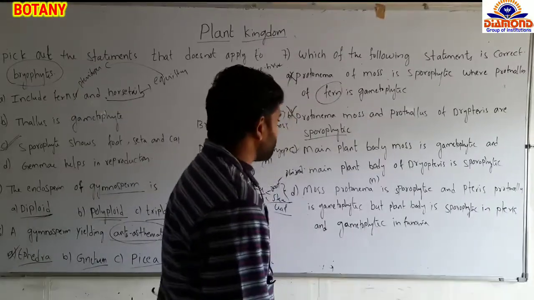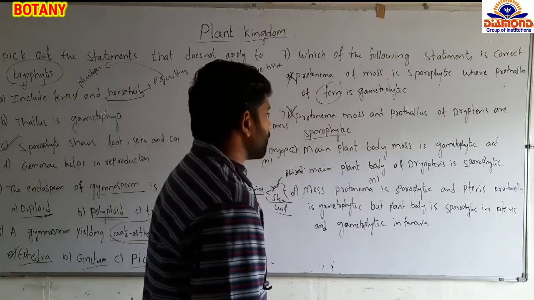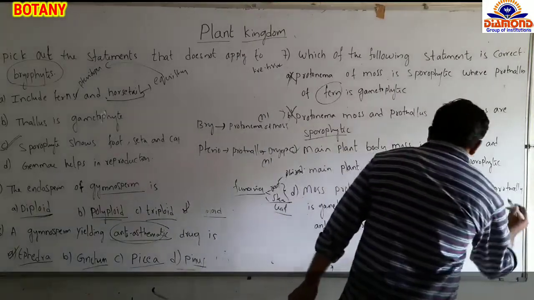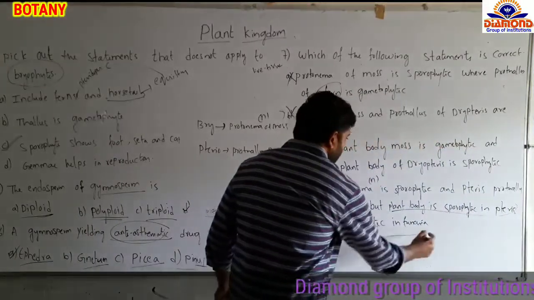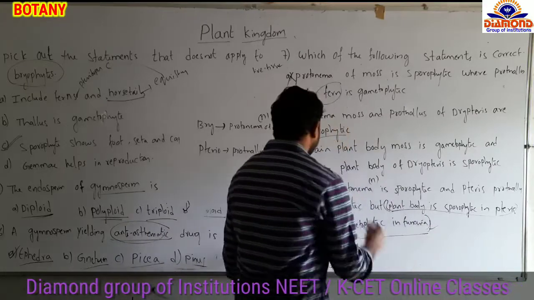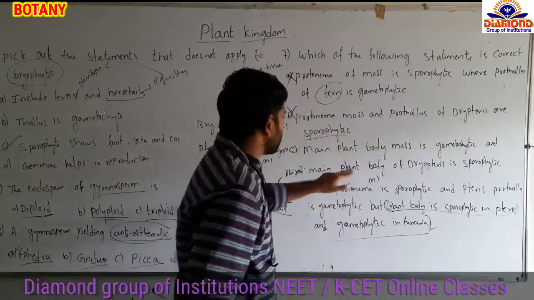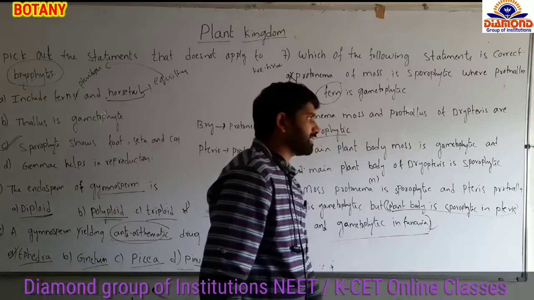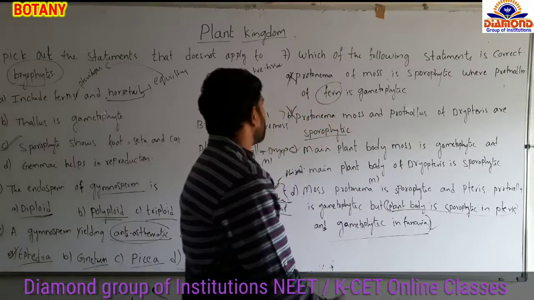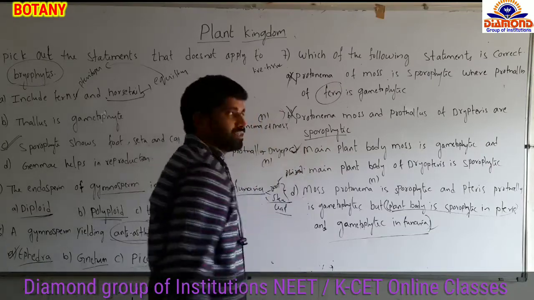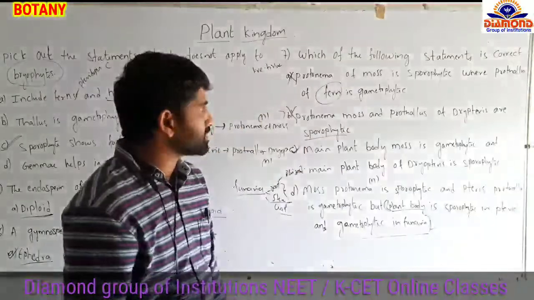Yes, the plant body in Pteris is sporophytic, and in Funaria it is gametophytic. Up to here the statement is correct, but in option D, saying moss protonema is sporophyte is wrong. Moss protonema is not a sporophyte, it's a gametophyte. So out of the given options A, B, C, D, only C is correct. Remember, the answer is C only.